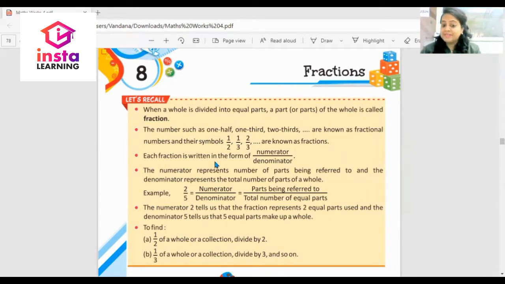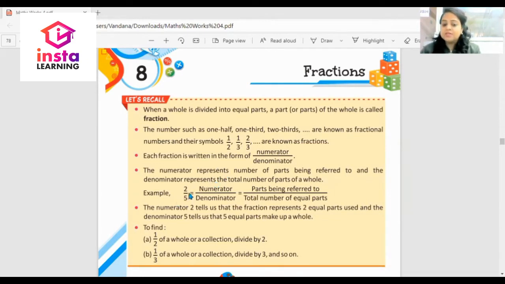Now, students, it's very important. Each fraction is written in the form of a numerator. The top part is called the numerator, and the bottom number is called the denominator. The numerator represents the number of parts being referred to, and the denominator represents the total number of parts of a whole.